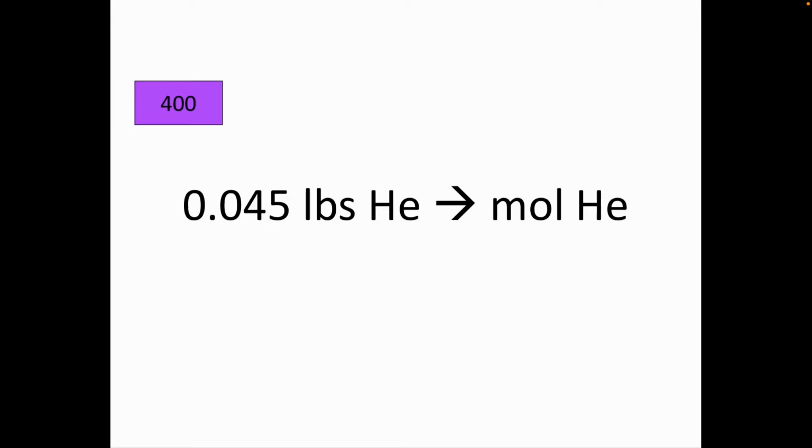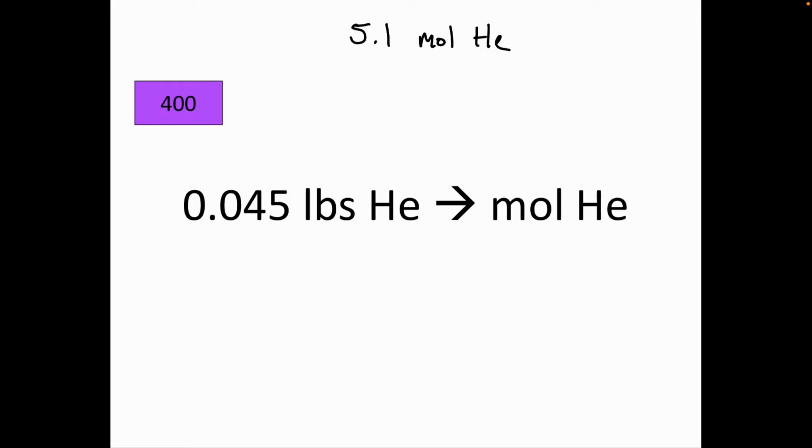All right, so this would be 5.1 moles of helium. This was a tough one, so let's see if we can make sense of it. Pounds to moles here. So pounds is what? Volume, yeah, exactly, mass, right?